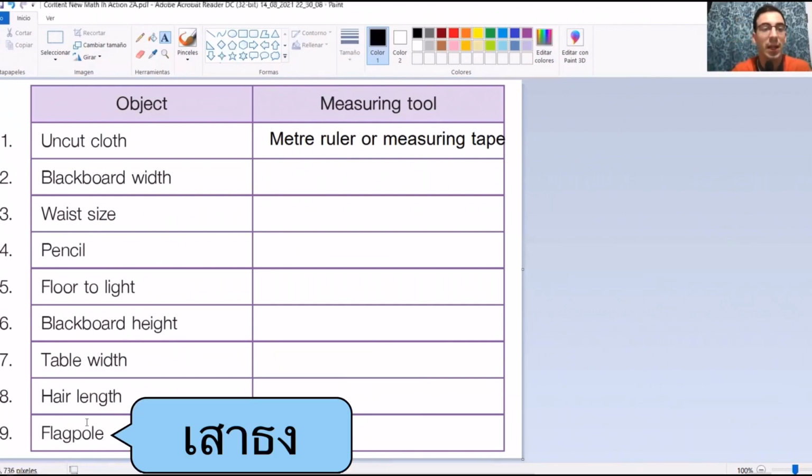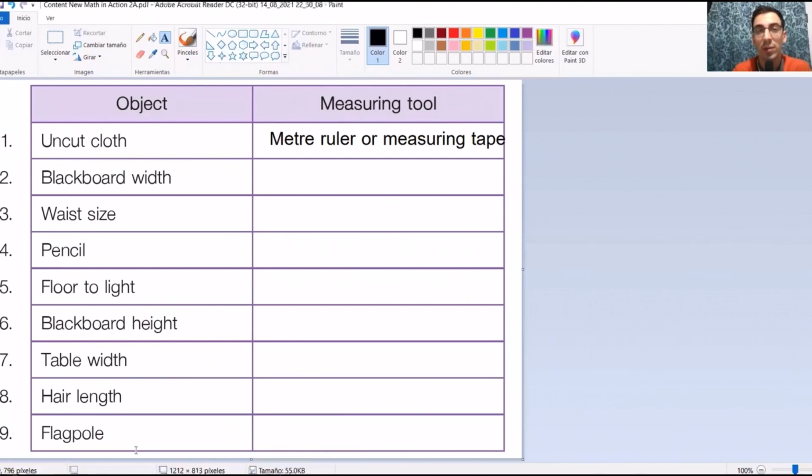And finally, number 9, flagpole. Flagpole. What tool do you think is the best, the most comfortable to measure a flagpole? You maybe know.